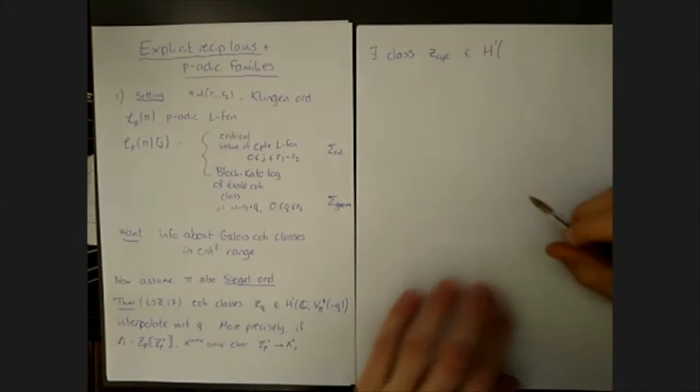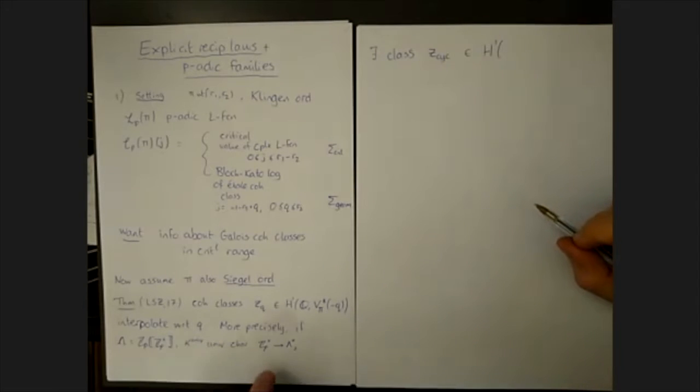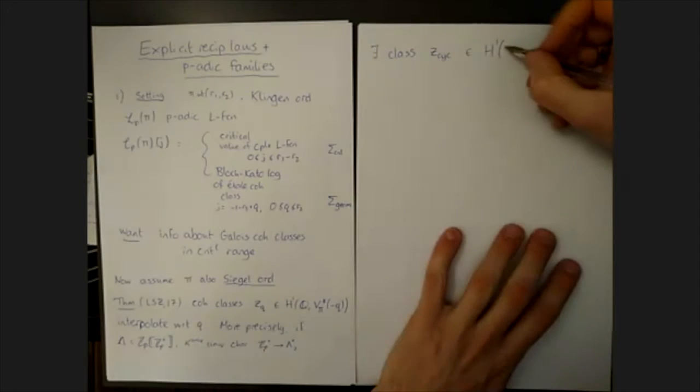So then there's a class in some Λ-module that interpolates all of these for varying q.